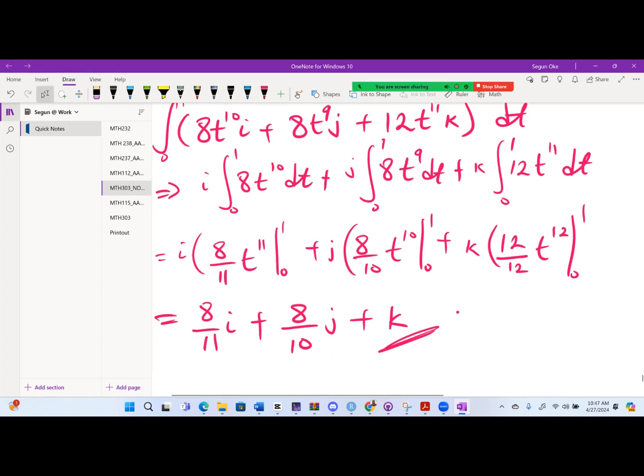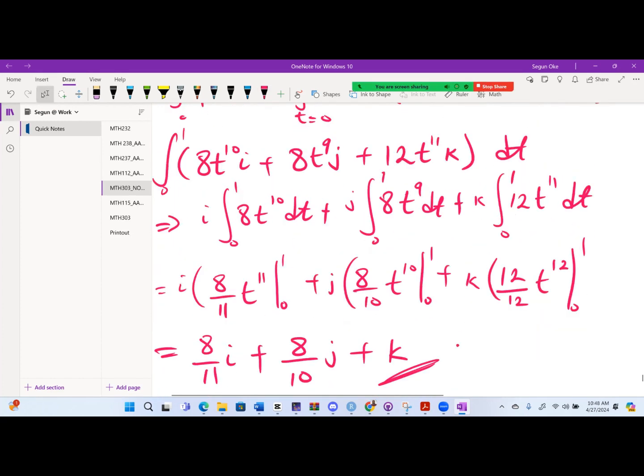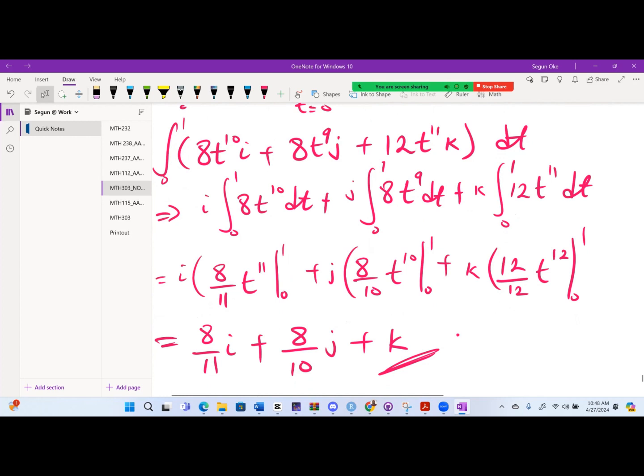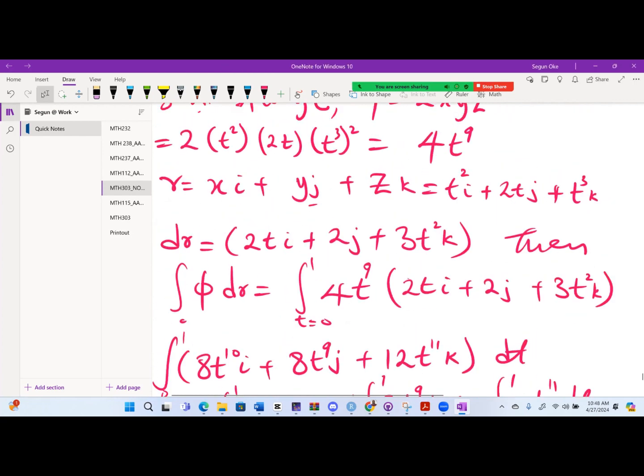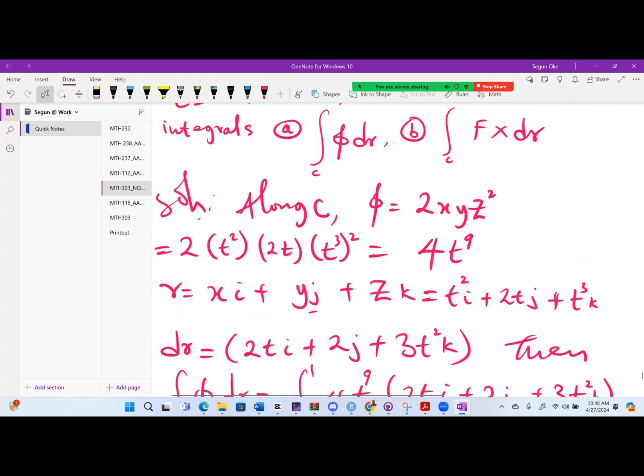Any question? Sorry, Prof. Yes, sir. That 4t raised to power 9, I don't know how you get it. It's very simple. Let's look at it. You have 2 multiplied by 2 will give you 4. You agree with me? That's the only value you have there. Yes, sir.